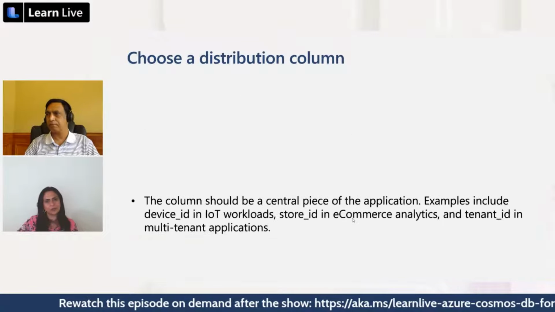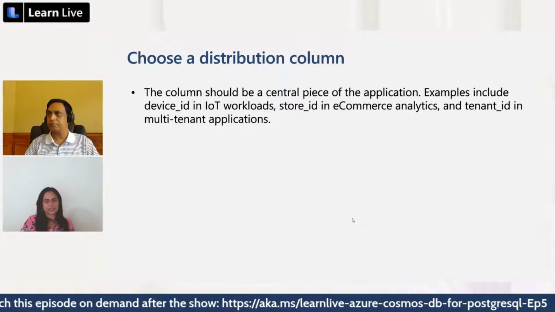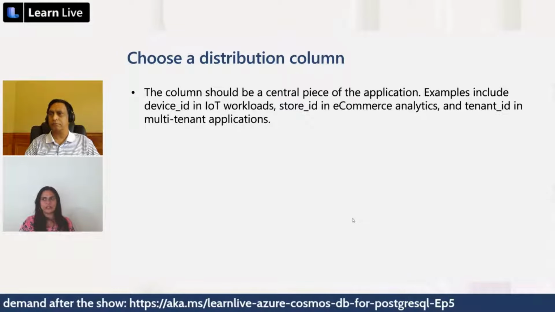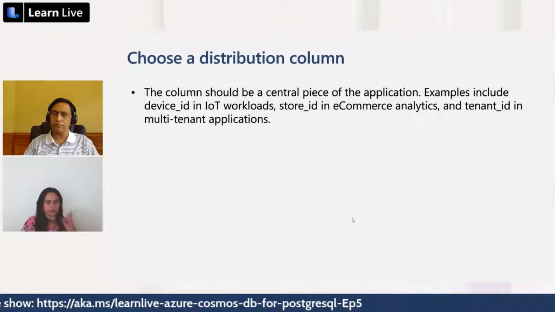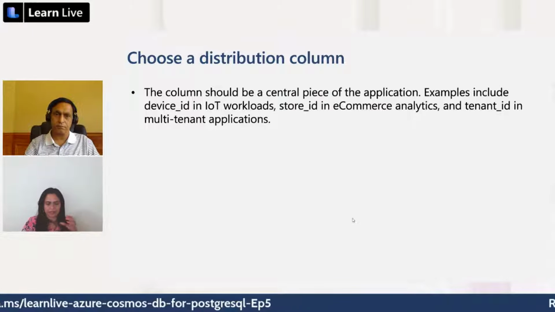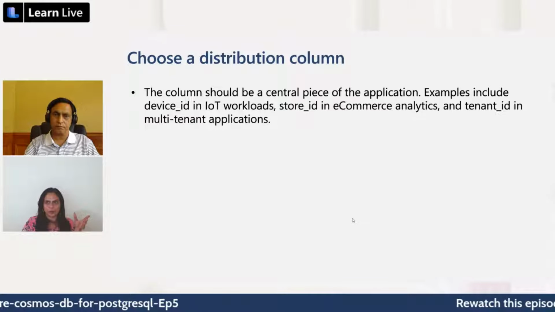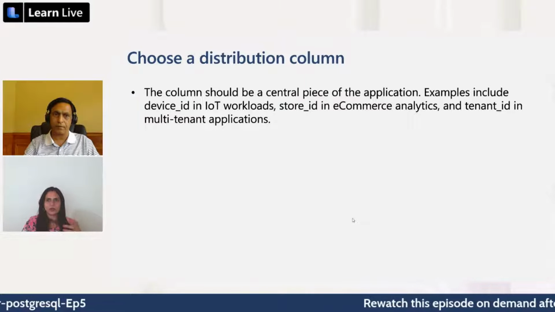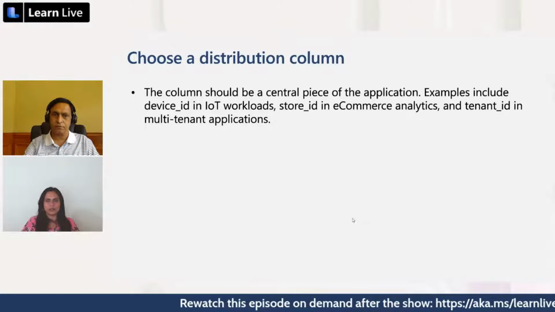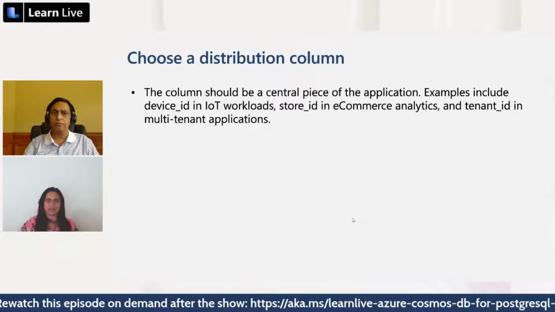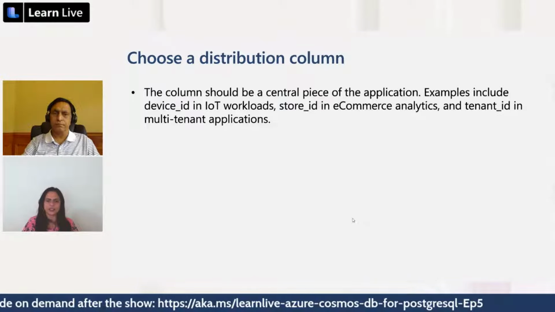Okay, so how do we choose a distributed column, right? When you're trying to figure out what distributed column you want, you need to look at your application and see what is the central piece of the application. Let's say, for example, you have a lot of customers and all your queries are customer based.